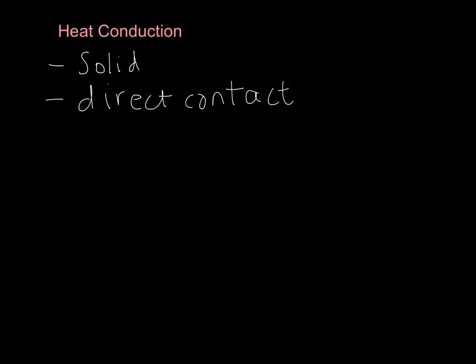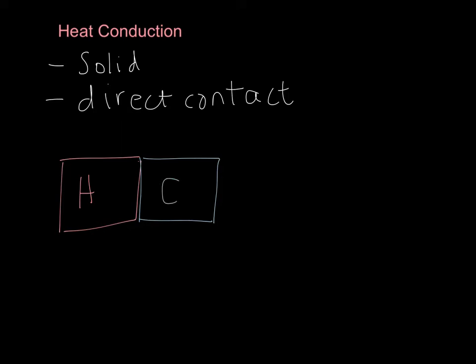So we have what we would consider our hot material, and I say hot with quotations because it's hot only because we perceive a higher temperature because the average kinetic energy of the particles is high. So I'm going to call it H for hot, and let's say I put it in contact with this blue box, which we will call cold, or having lower kinetic energy.